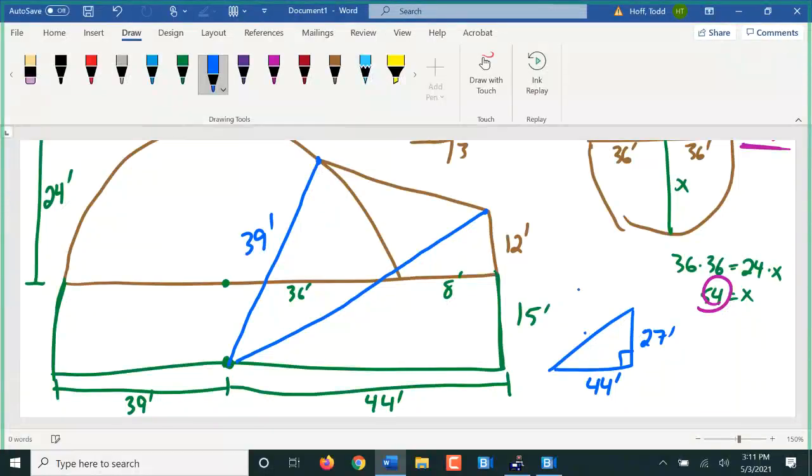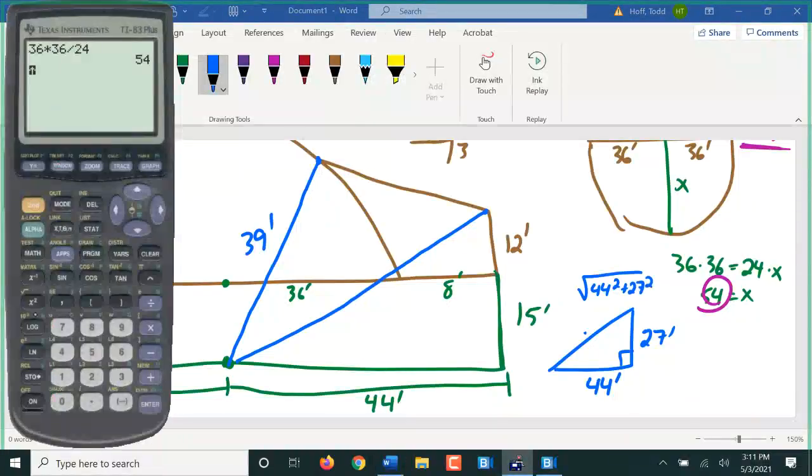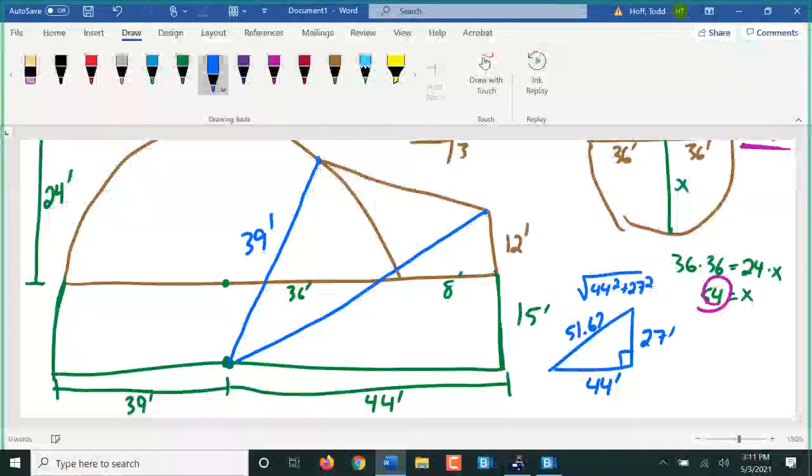So this length here is the square root of 44 squared plus 27 squared. That is the square root. Good. Oh, no. 51.62 I'm getting. This is 51.62 feet across here.